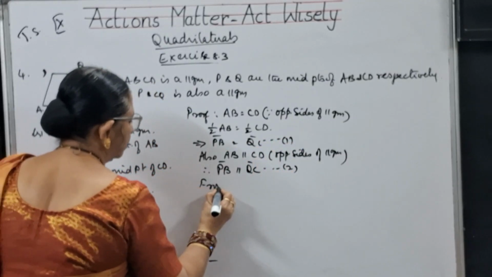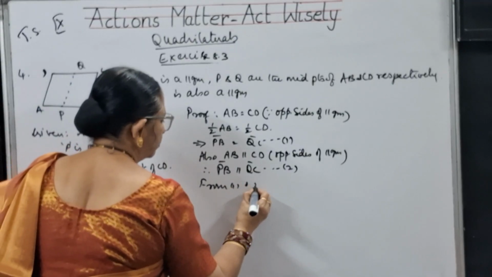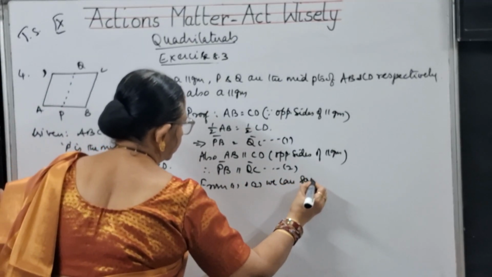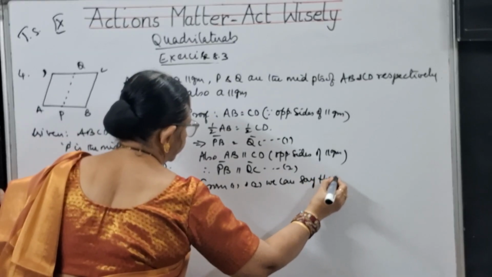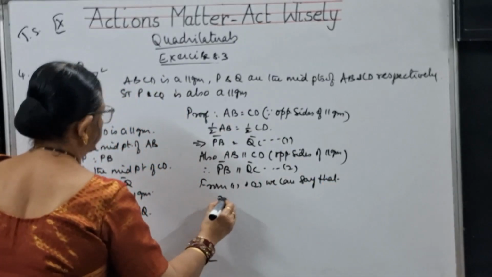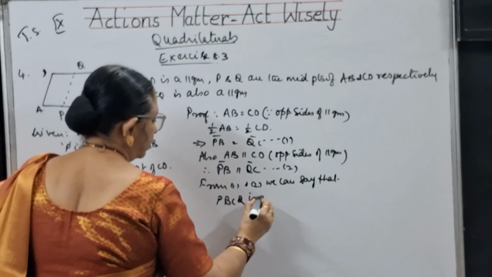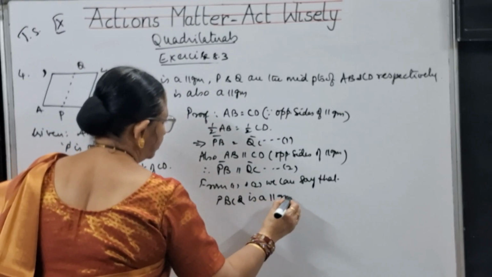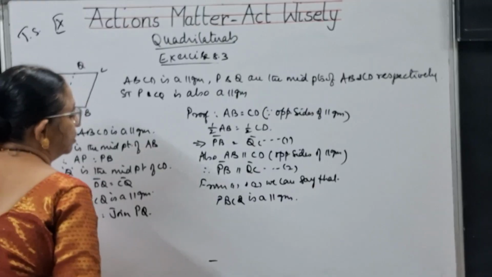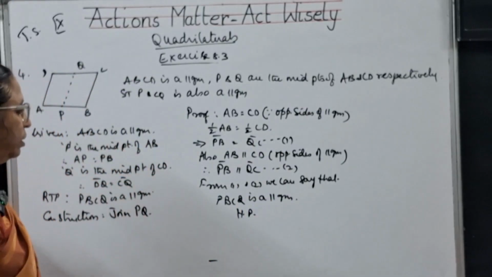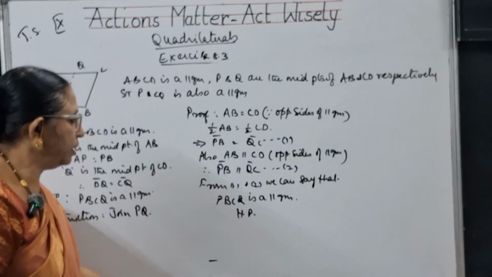So from 1 and 2, we can say that PBCQ is a parallelogram. Opposite sides are equal, opposite sides are parallel.